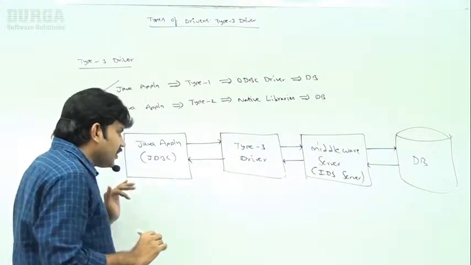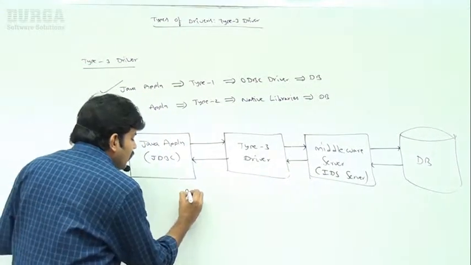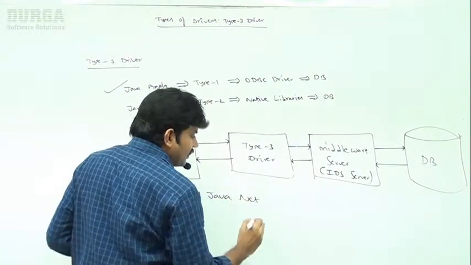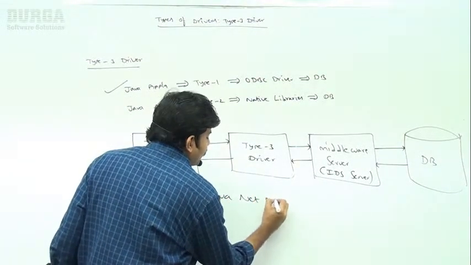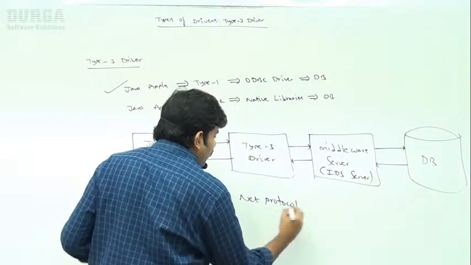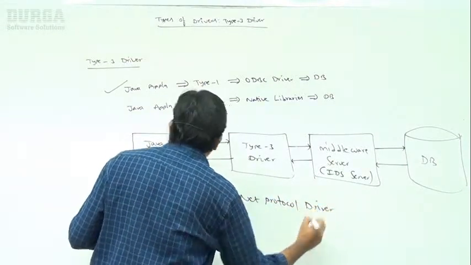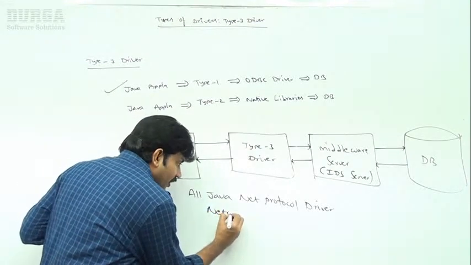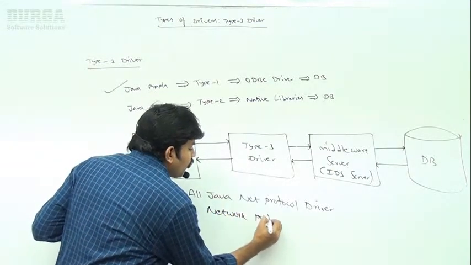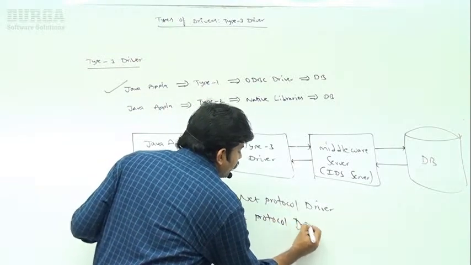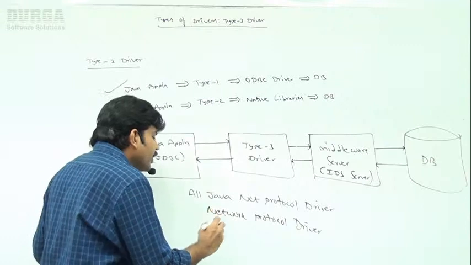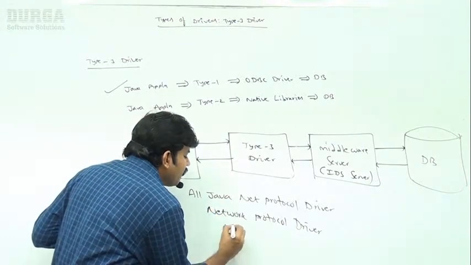This type 3 driver is also known as the all Java net protocol driver. Are you getting it? Sometimes we can use the word network protocol driver, or even we can use the word middleware driver.